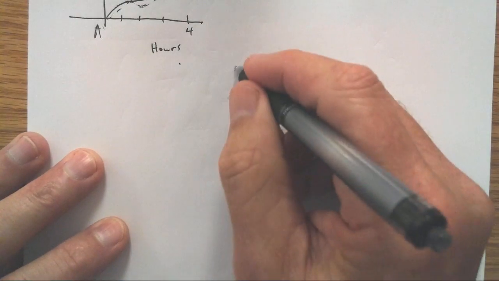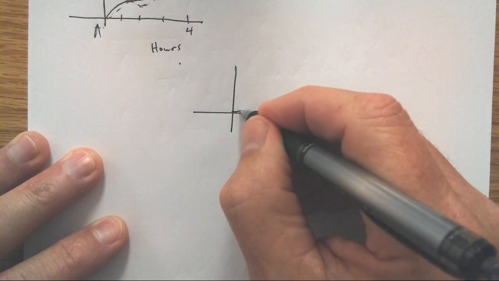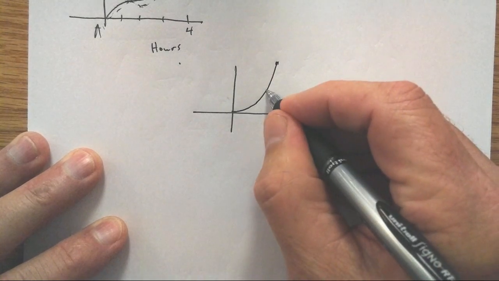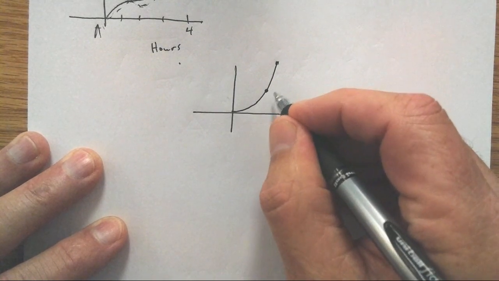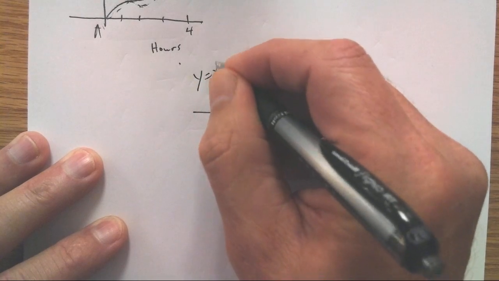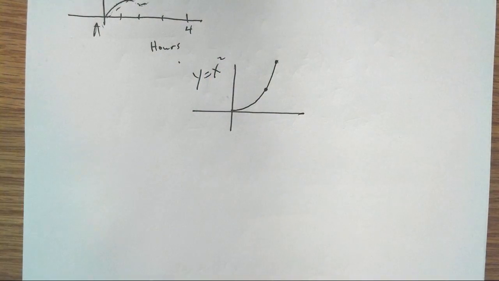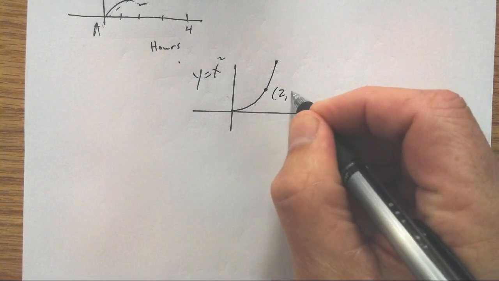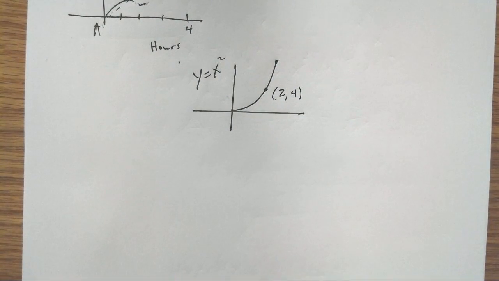For instance, let's say on our trip, right here, we were traveling along something that modeled plain old y equals x squared for simplicity. And let's say this is 2, 4, maybe we were just walking.